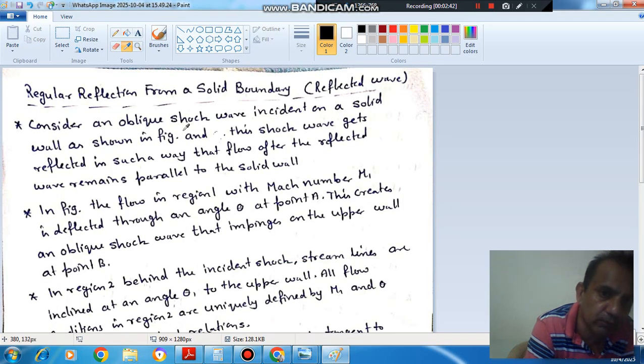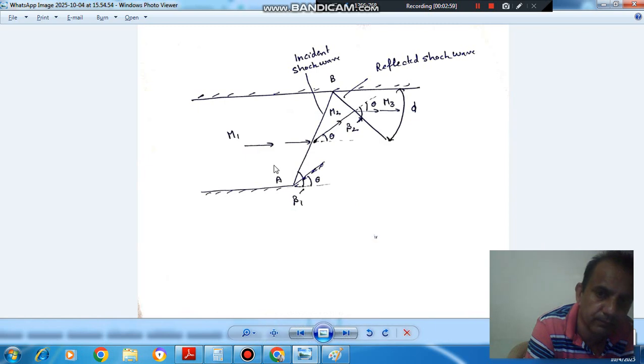First point, consider an oblique shock wave incident on a solid wall as shown in the figure, and this shock wave gets reflected in such a way that the flow after the reflected wave remains parallel to the solid wall. So this flow gets deflected in such a way that the flow remains parallel to the wall.